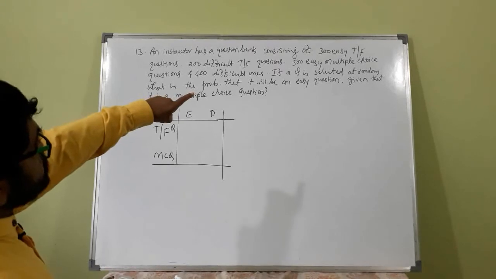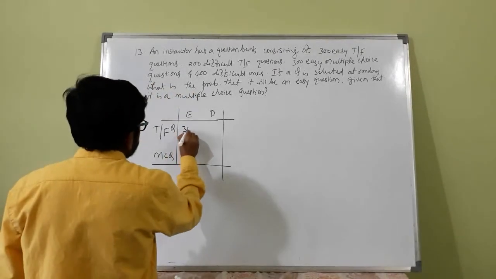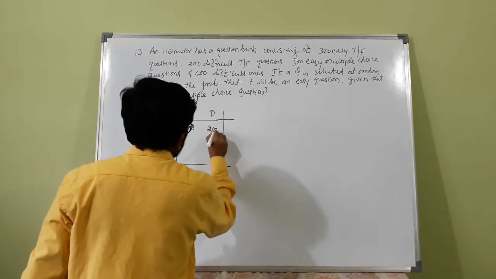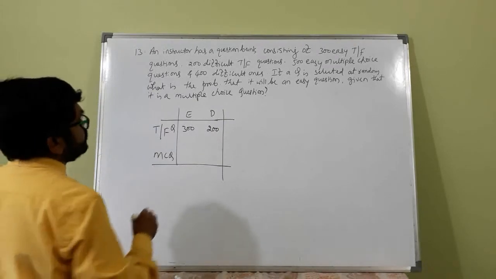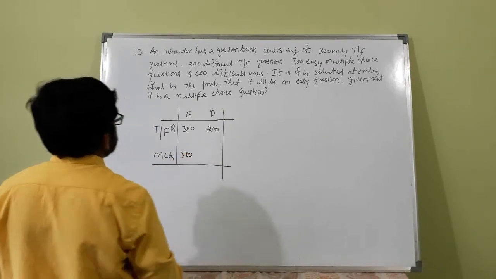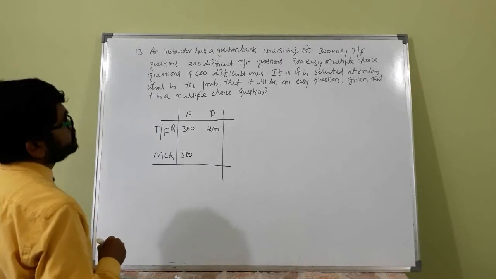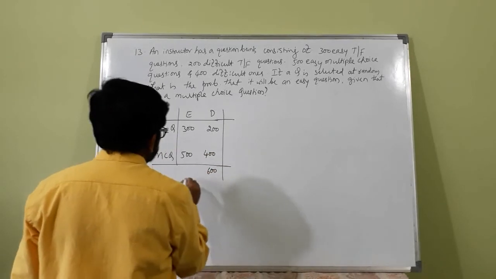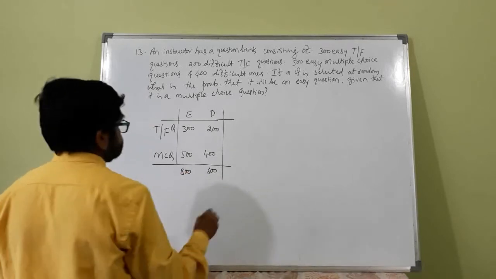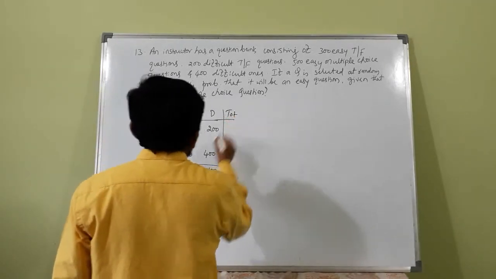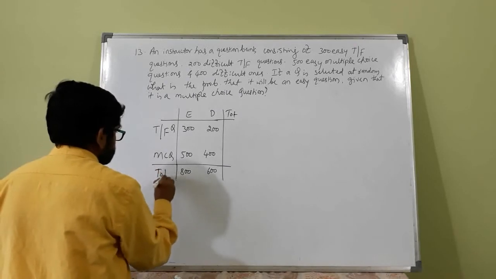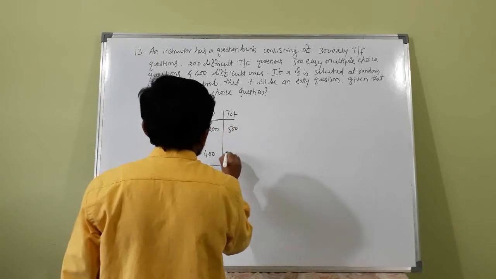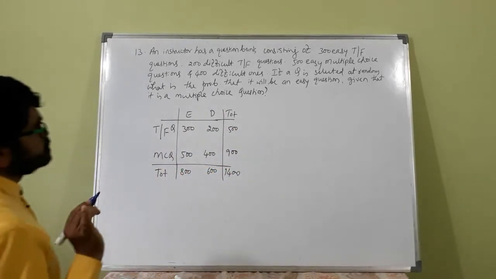In true false question, easy 300. In true false question, 200 difficult. In multiple choice question, 500 easy. In multiple choice question, 400 difficult. This is total. 1400, 500, 900. Okay.